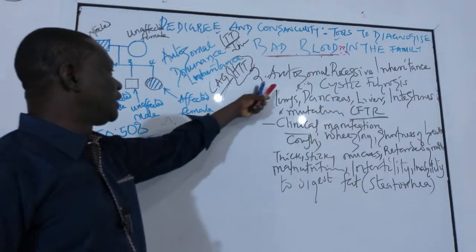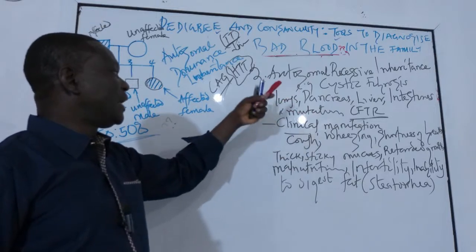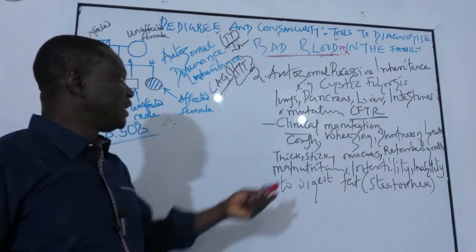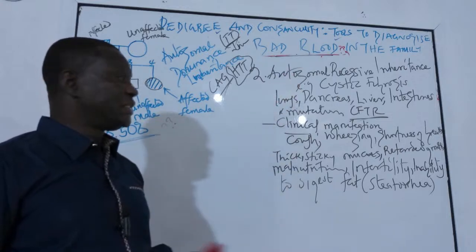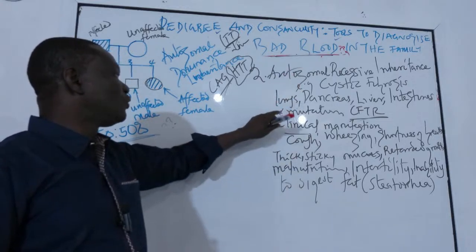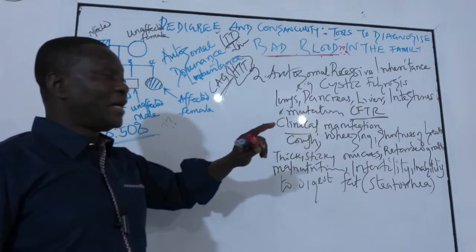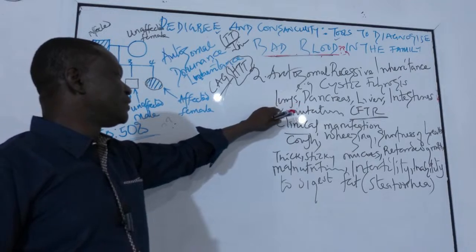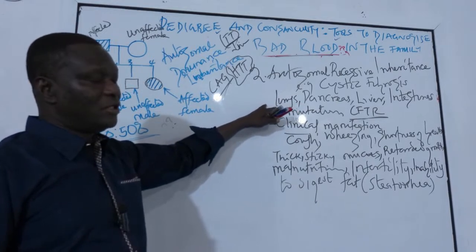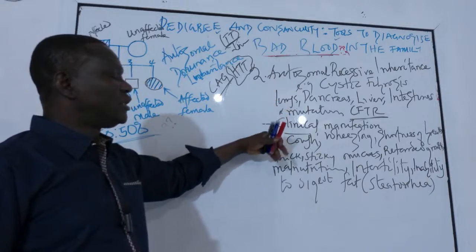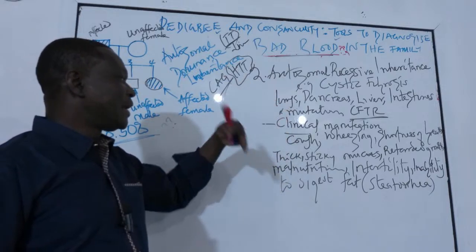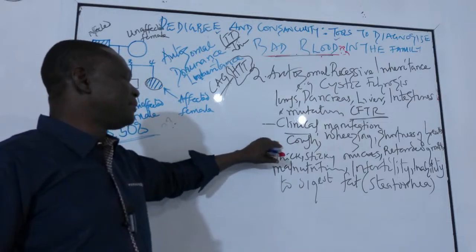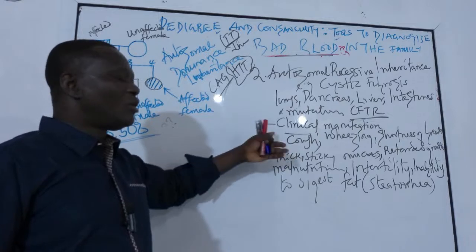Don't forget that somebody who has an autosomal recessive disease like cystic fibrosis has a mutation in the CFTR gene, and the person will be affected in the lungs, pancreas, liver, and intestine, to the level that the person will continue to cough uncontrollably.